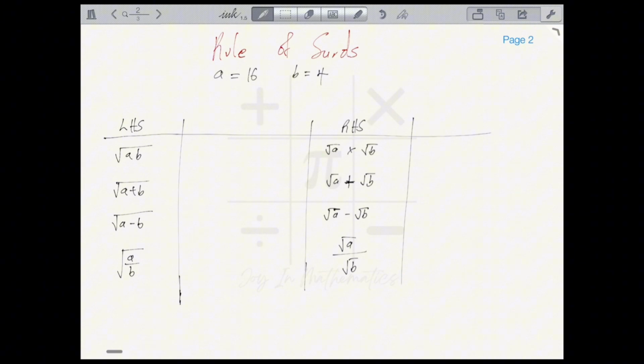All right, so now this is a discussion where we have roots of A and B. We have the value of A, and we also have the value of B to be 4.